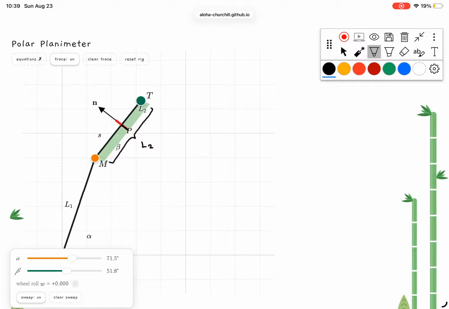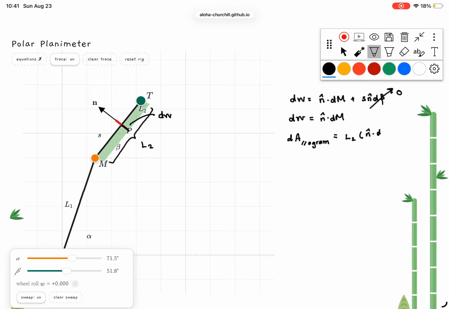The height of the parallelogram is the perpendicular distance to the amount that the tracer arm moved, which is what we just calculated, dW. Since d beta is 0 in this case, we can just ignore that term here. And so ultimately we get that this dA slice, the little bit of the parallelogram slice, equals L2 times our normal times dm.